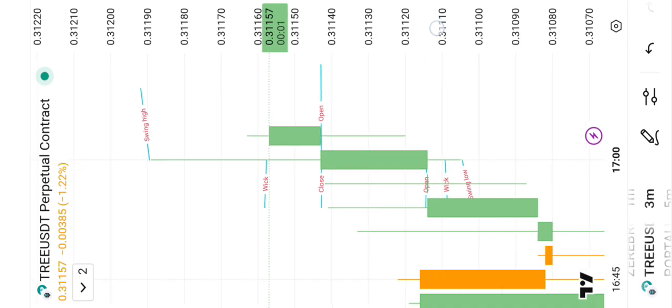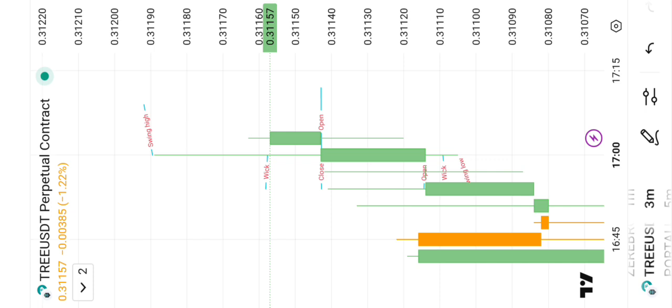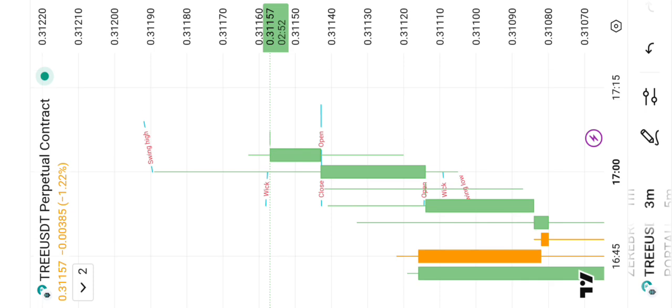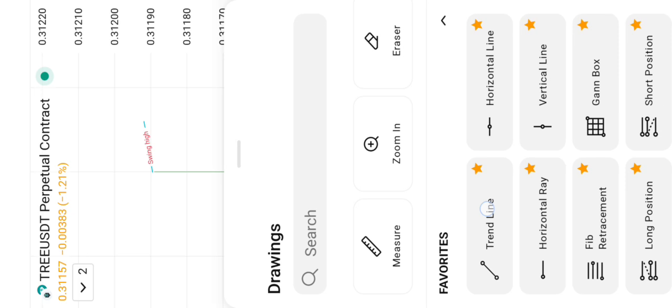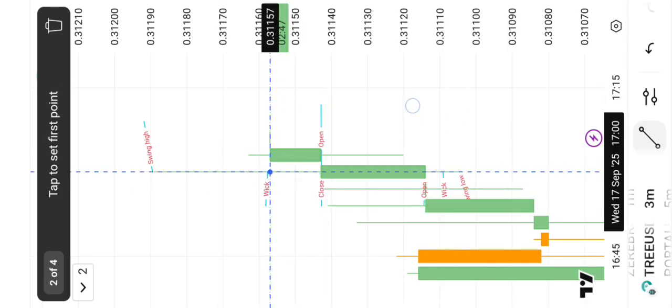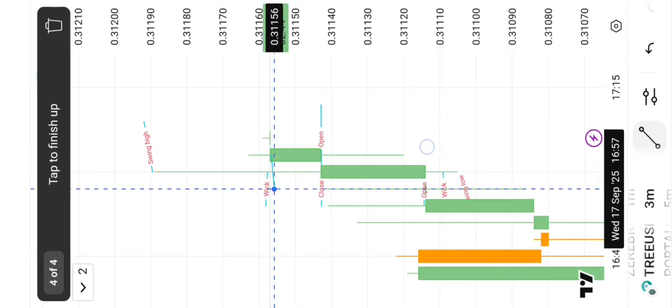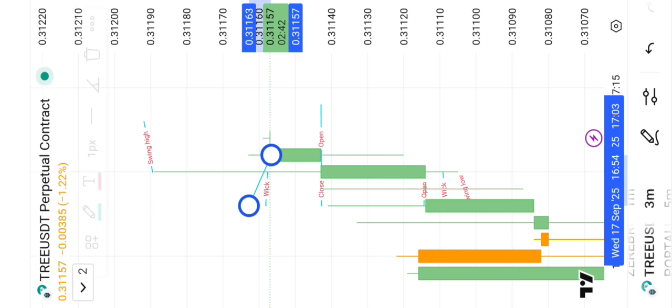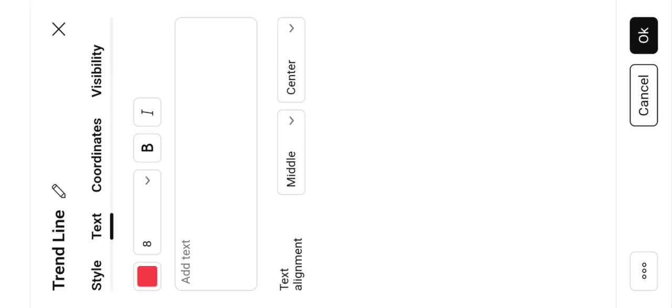Still going. Can you see that it has closed at the top here. This is a bullish candle. It's closed here.